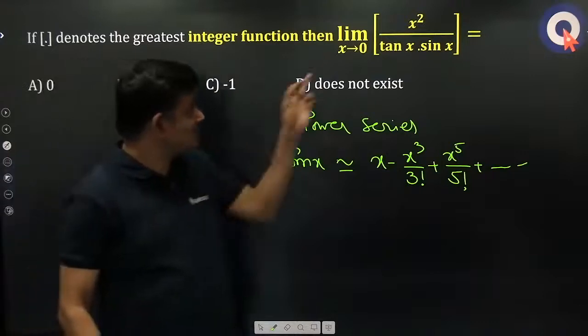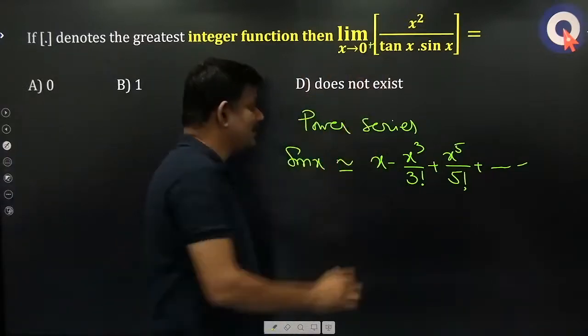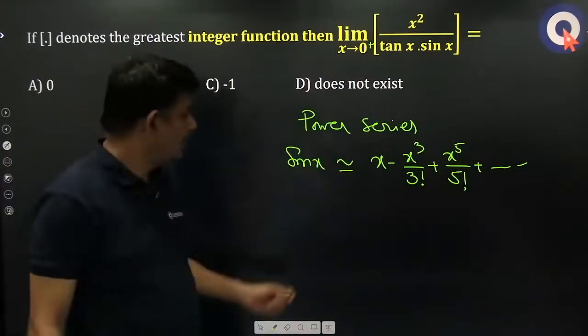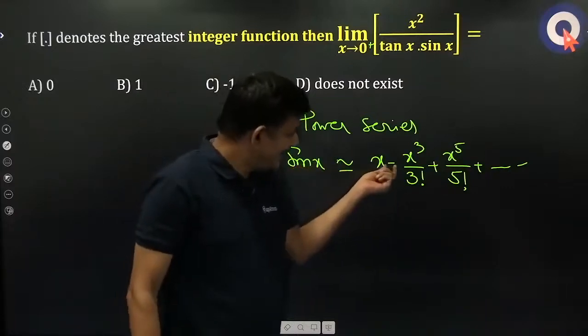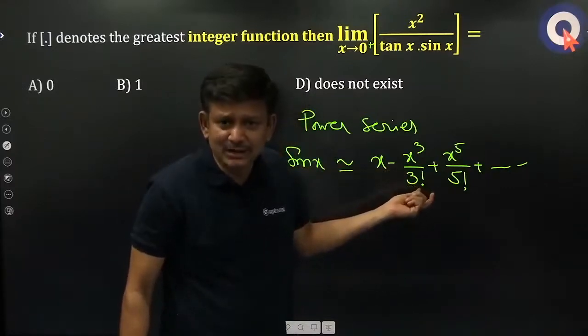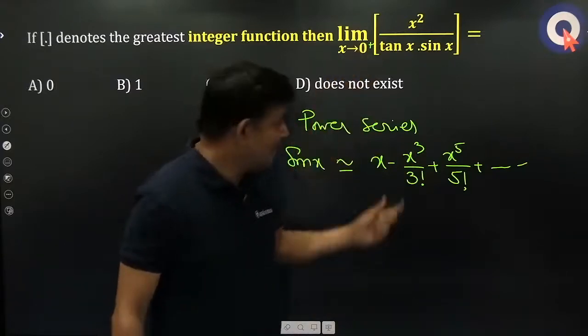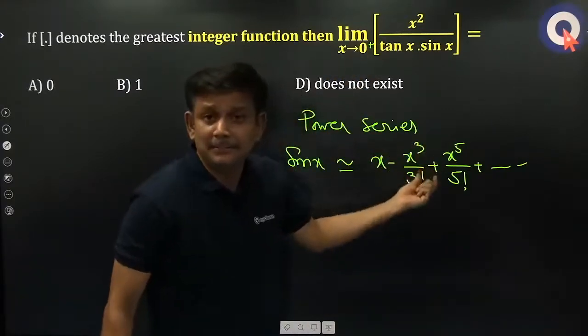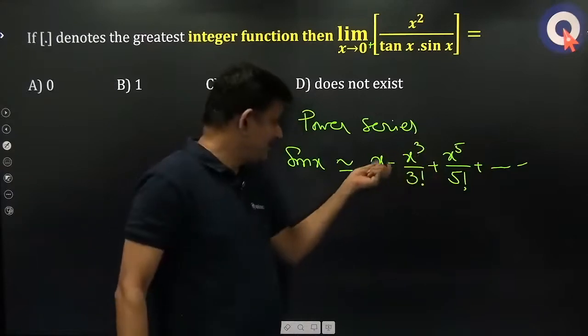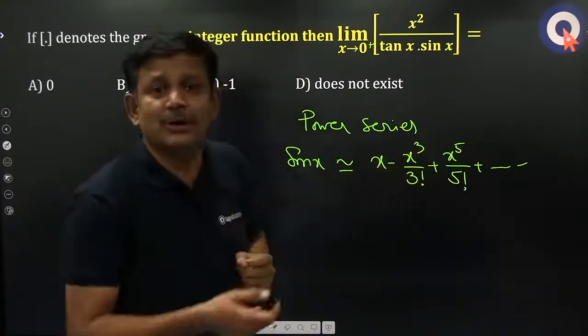Now, as x tends to 0, especially 0 plus, sin x is x minus some number, yes or no? And what kind of number is it? X tending to 0 plus, so this is a positive number.